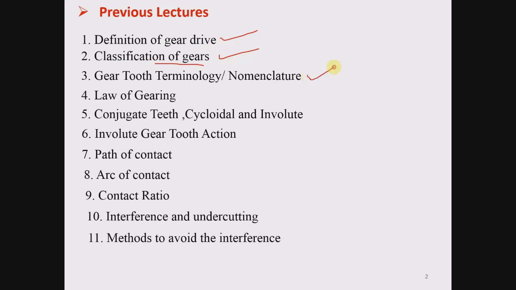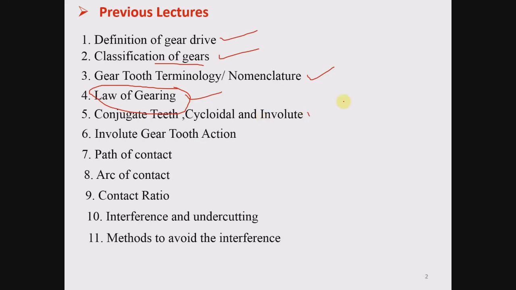Then we have gone through the gear terminology. Then we have studied the law of gearing, which ensures that velocity ratio remains constant, or which states the condition for two meeting gears so that the velocity ratio is constant.